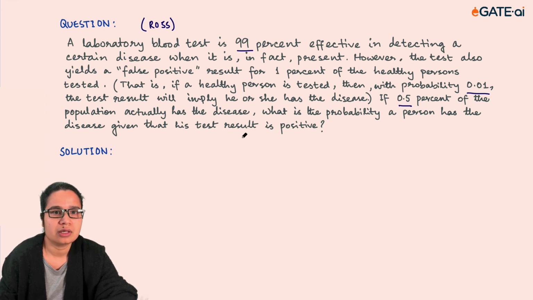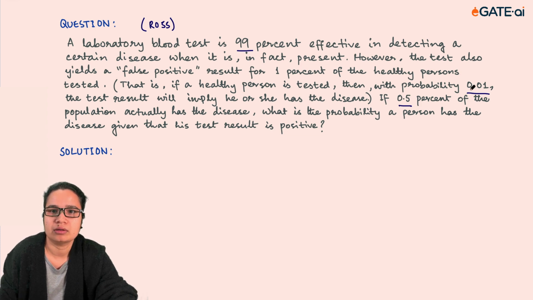First, let us write down the two events occurring in this particular situation. The first is that a person has the disease. A person is getting tested, and they actually have the disease. Another event is that the test result is positive, which can also happen when the person does not have the disease.